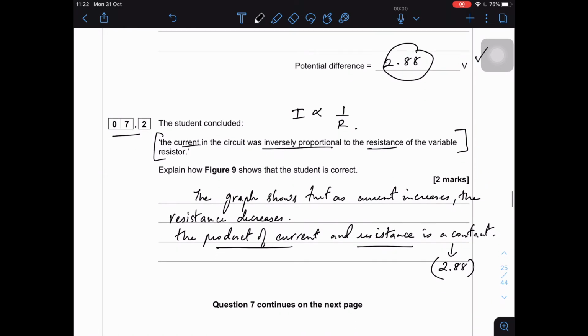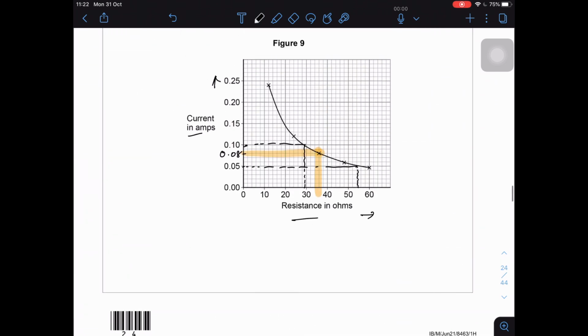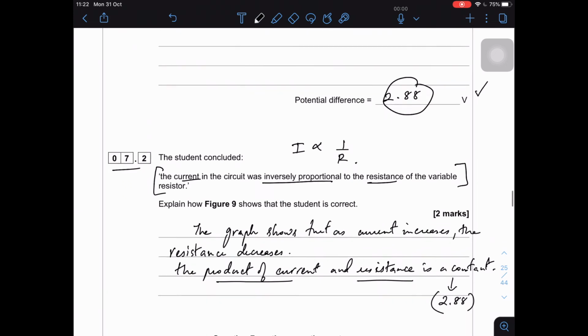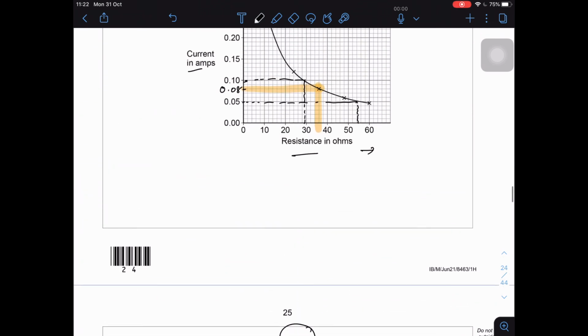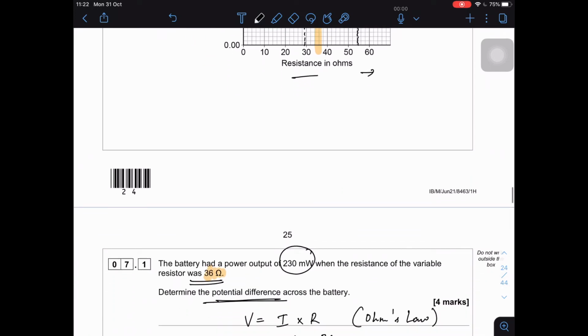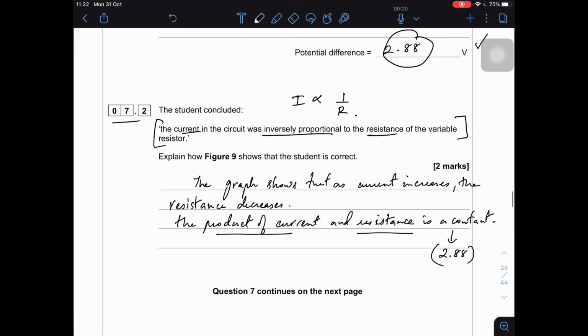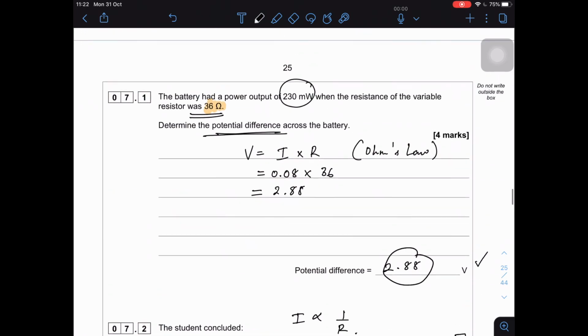All right, so if you show this using any three values, I'll give you a full mark for that. So take 0.10, and if I get 29, I will accept that, or 28.